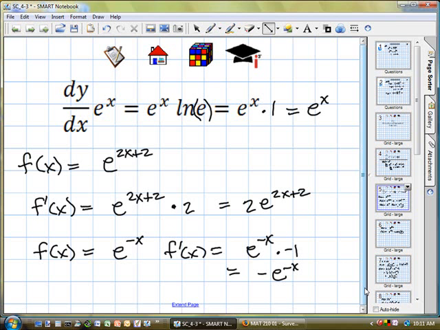That is, what power do you have to put on e to give you e? E to the what power equals e? So the natural log of e is just 1. And so, what's the derivative of e to the x? E to the x. You know that I Am My Own Grandpa song I was telling you about? I am my own derivative. E to the x screams out, okay?